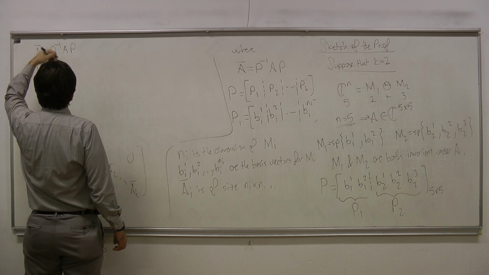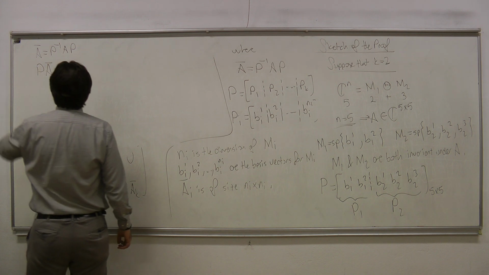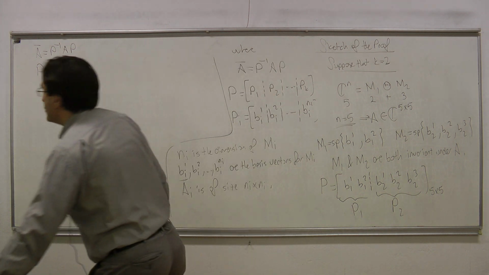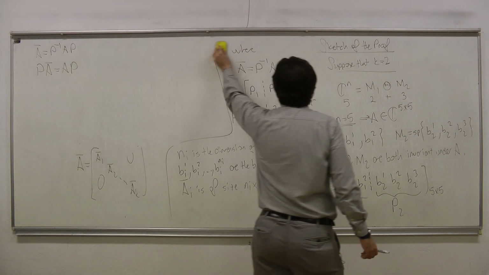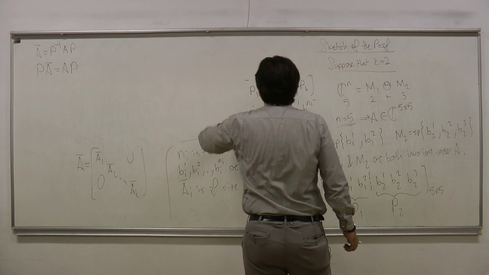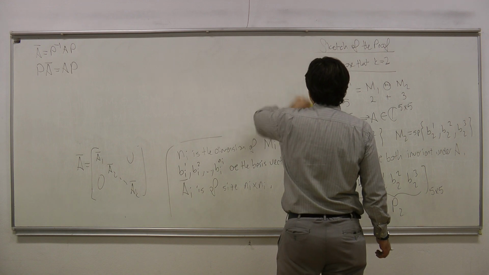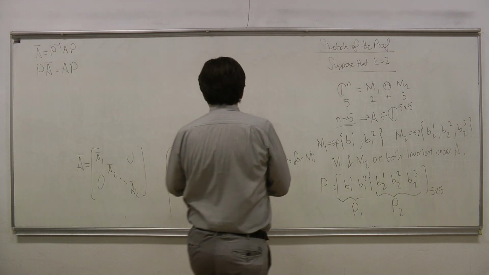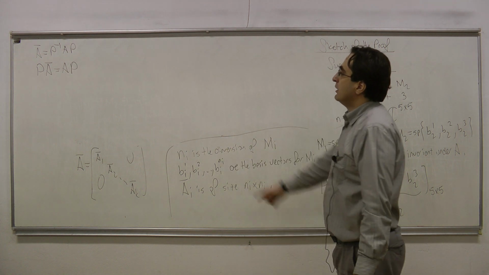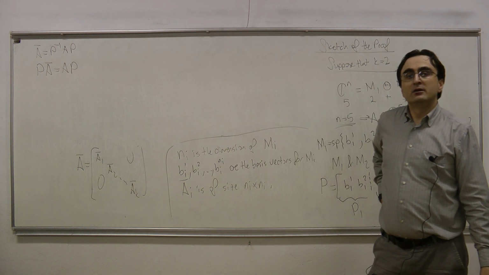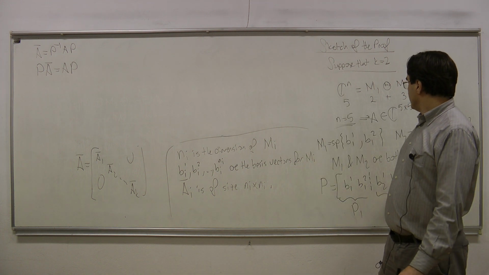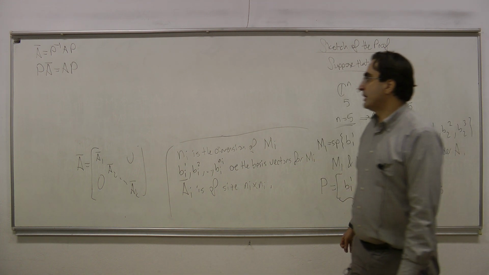P and P inverse give the identity, and I have A P. In this equation, you see that there is no P inverse anymore. So we will always use this form: P times A bar is A times P. In this formula there is no P inverse, so we won't need to invert this matrix.